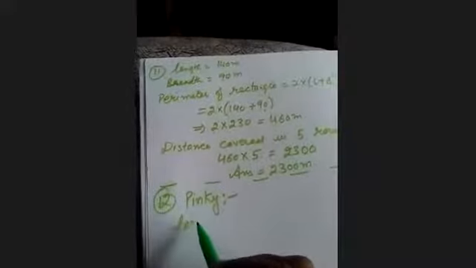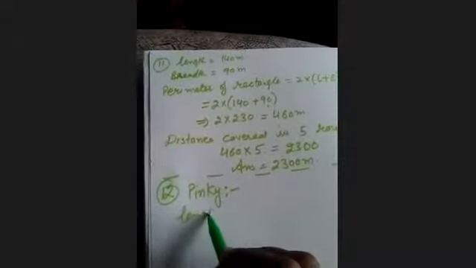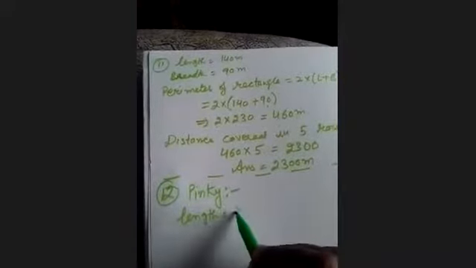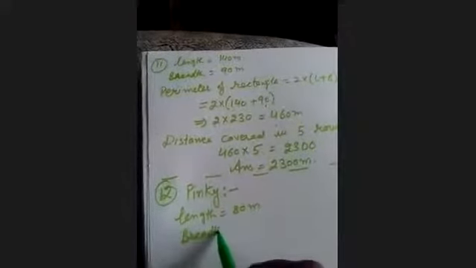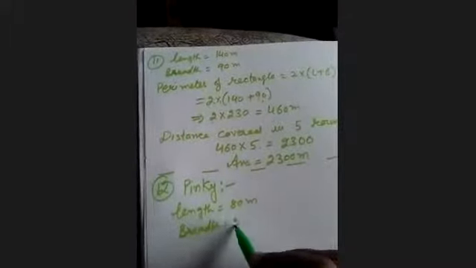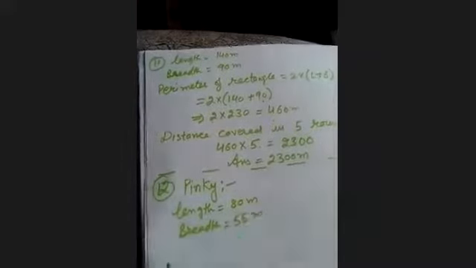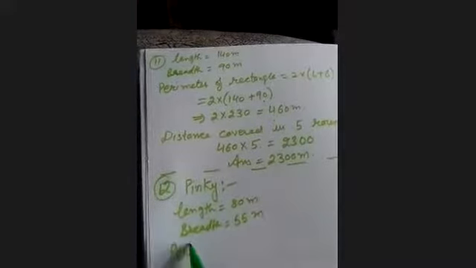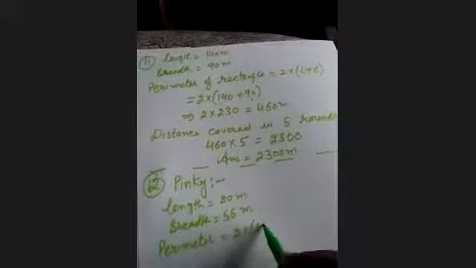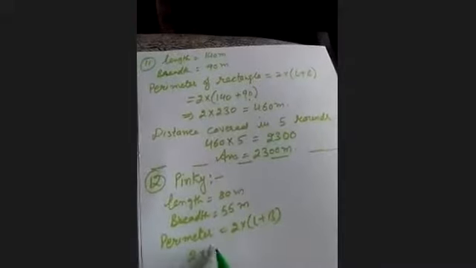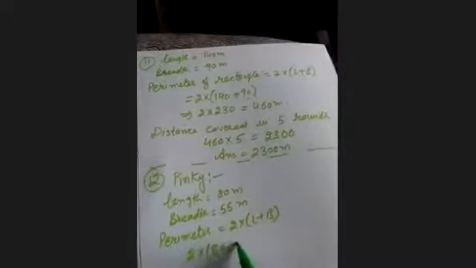Length is 80 and breadth is 55. Now perimeter is 2 multiply length plus width, 2 multiply 80 plus 55.